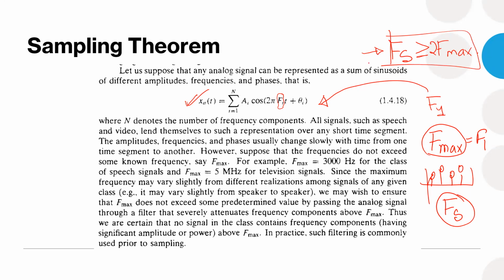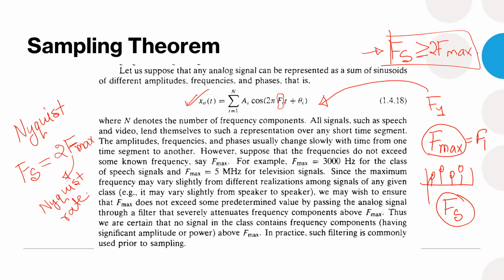Now, one scientist known as Nyquist has given us a theorem similar to this, and he explained that the sampling frequency should be at least twice the maximum frequency of that signal. So this value is known as the Nyquist rate.